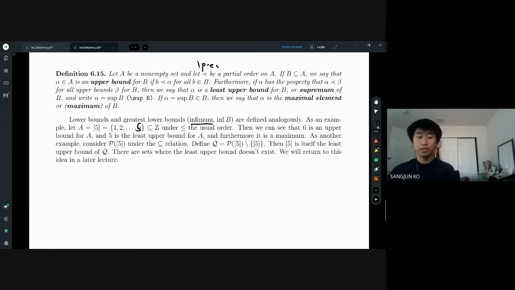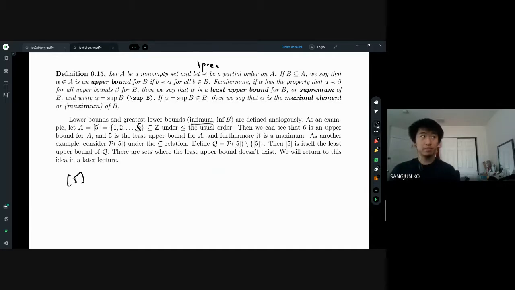As another example, consider the power set of 5 under the subset relation, and if you have Q to be the power set of 5 minus 5 itself, then 5 itself is the least upper bound of Q, because bracket 5 is a superset of every subset of bracket 5.